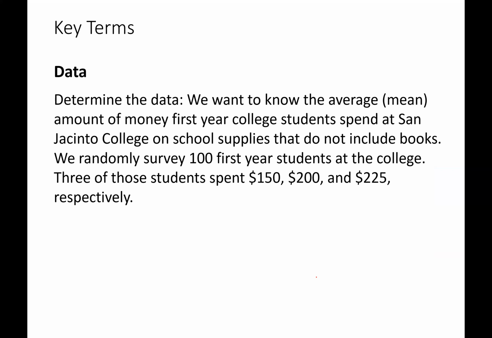So what data do we have in this problem? 150, 200, 225. You got 3 pieces of data, don't you? You know that 3 students spent 150, 200, and 225. So that is the value that your variable can take on. Since it's the value your variable can take on, it's your data.